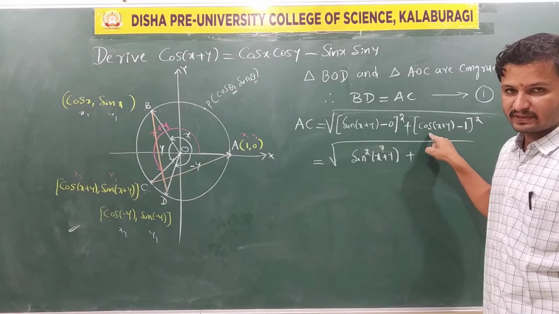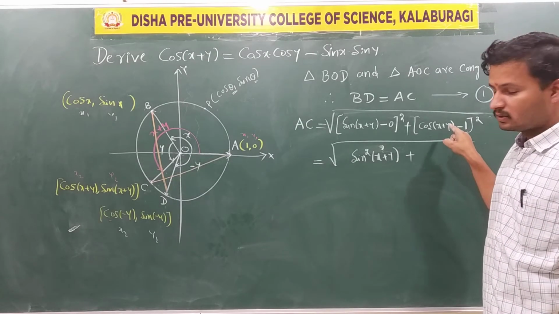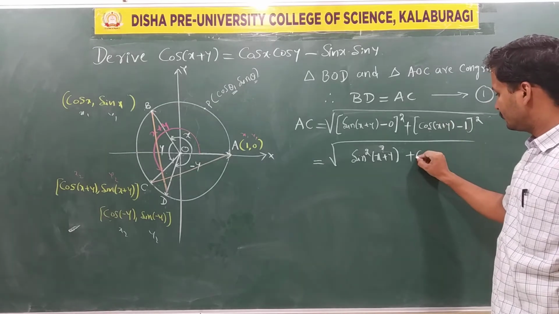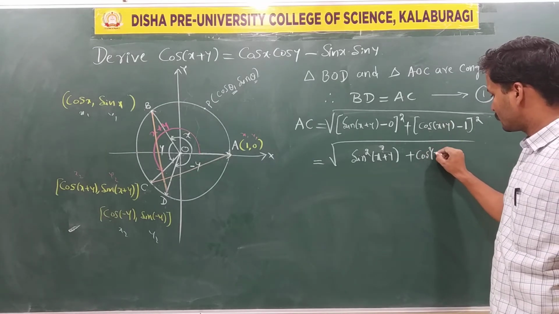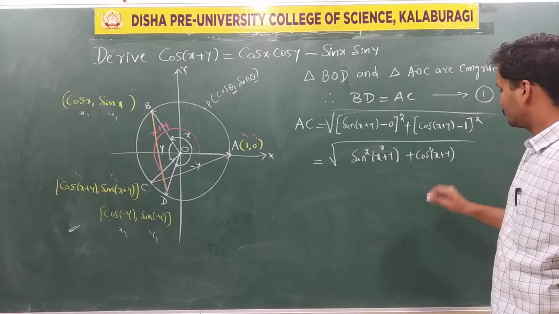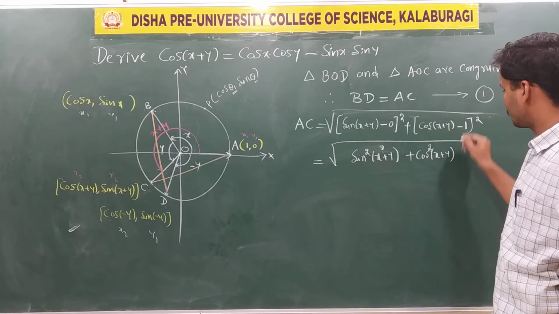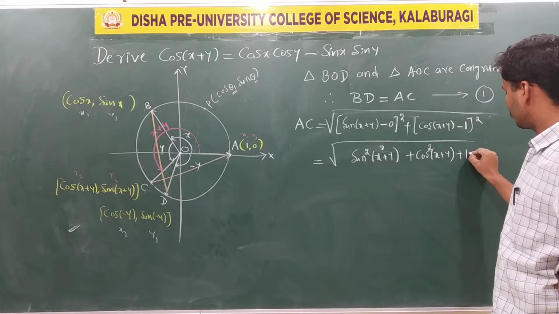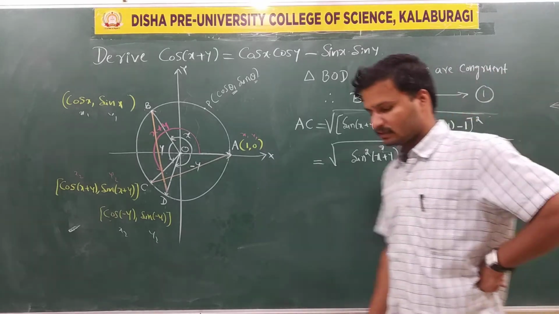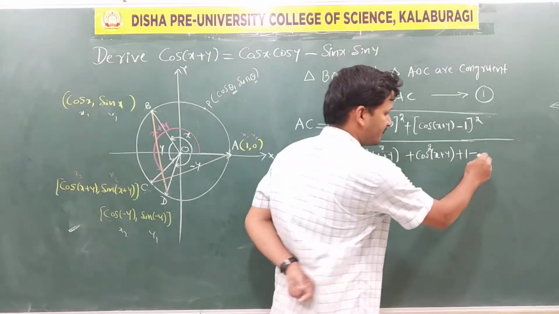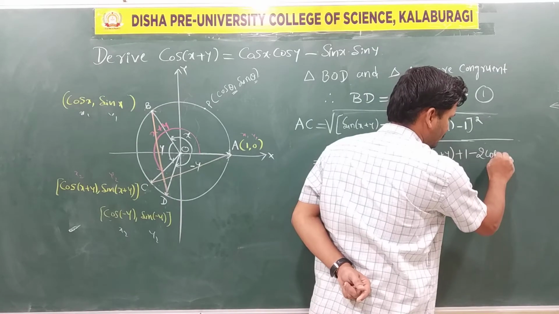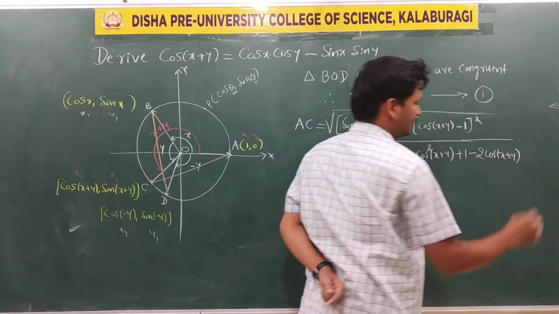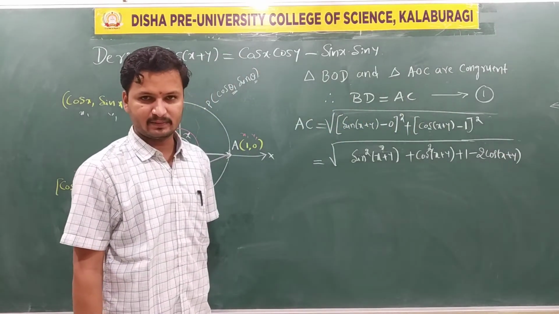Here a is cos of (x plus y), b is 1. So that cos square (x plus y) plus 1 square is 1 minus 2ab, that is 2 times of cos of (x plus y) into 1, that is minus 2 cos of (x plus y).